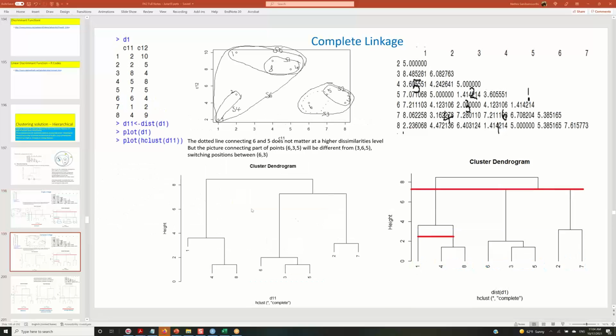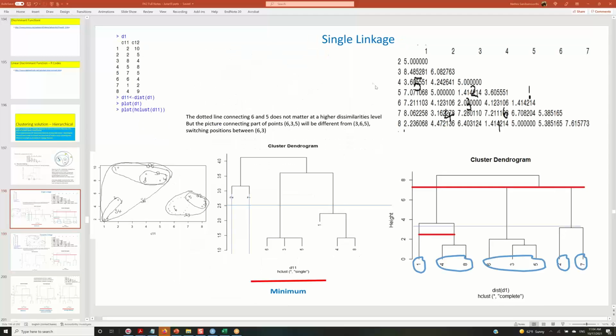So let us do this single linkage. When I do the single linkage, we are talking about the minimum. You remember that minimum? And this is really the actual cluster, but how you draw the cluster matters. Look at this one. This output looks different from here, right? Because it's all hanging and so on. Always use this one.